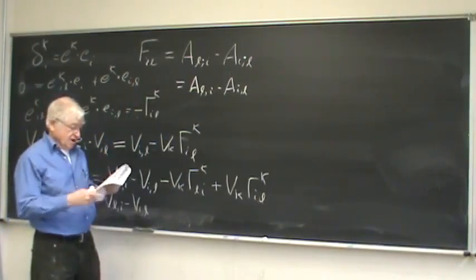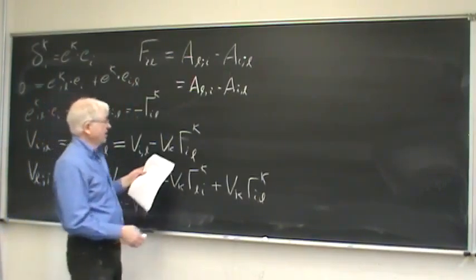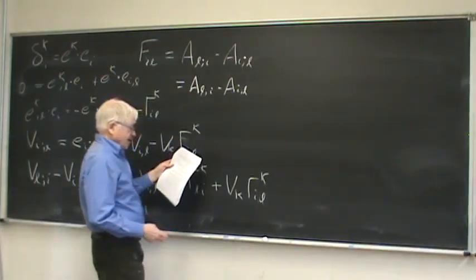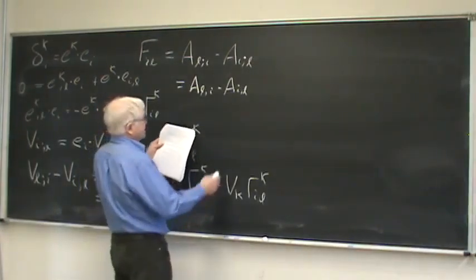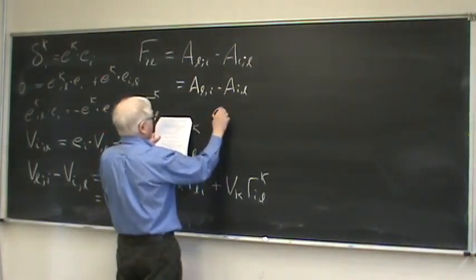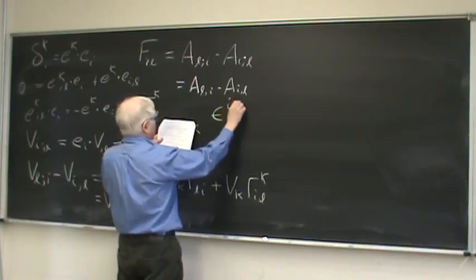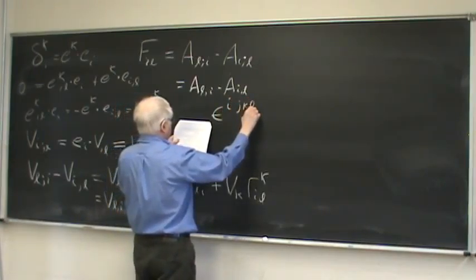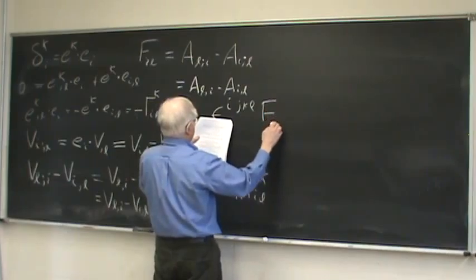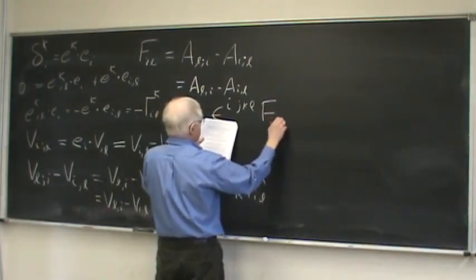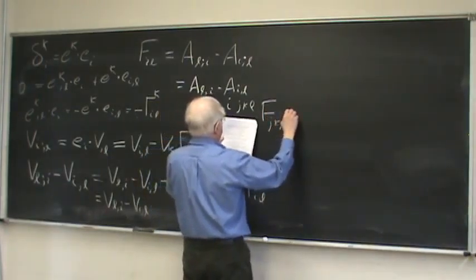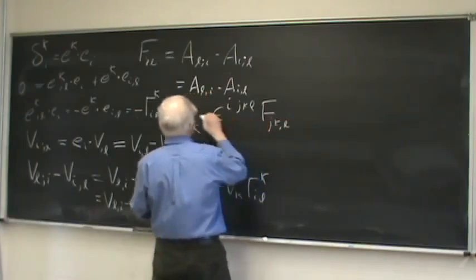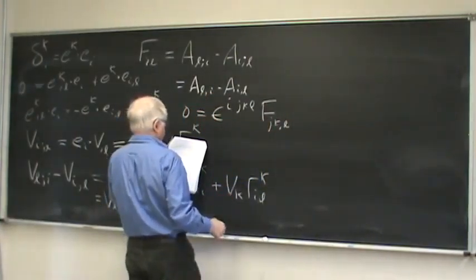And the implications of that are that the homogeneous Maxwell equations, epsilon^iJKL F_JK comma L, well, it's just that. 0 equals this.